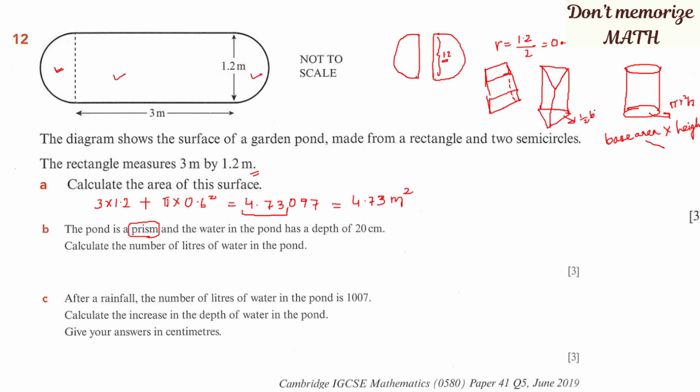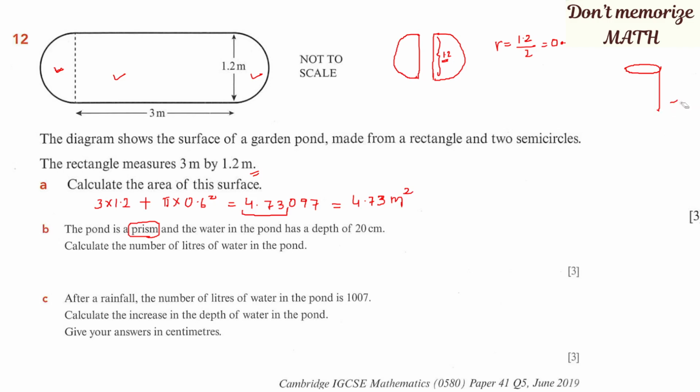Half bh times height H, if you are multiplying, you will get the volume of the triangular prism. So for any type of prism, you can find the volume by base area times height. So what do you mean by base? Base must be same at the top and bottom. Okay, is it clear? So we'll continue with the question.